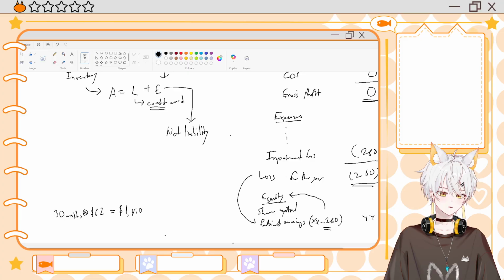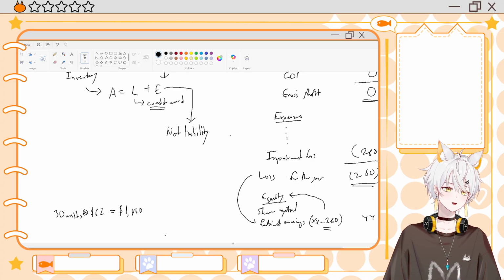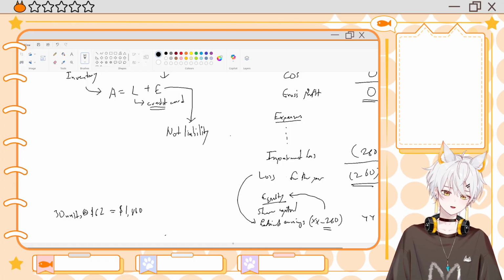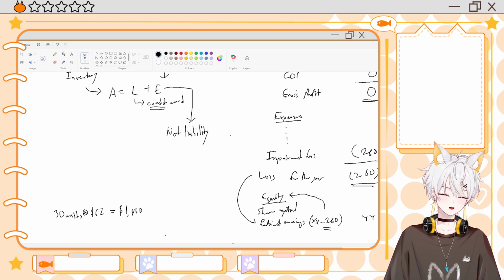Like the owners put in money, the company sold bonds to get some money. So all these assets belong to the company at that moment, but it's shared across everyone who was involved in the building of the company itself.